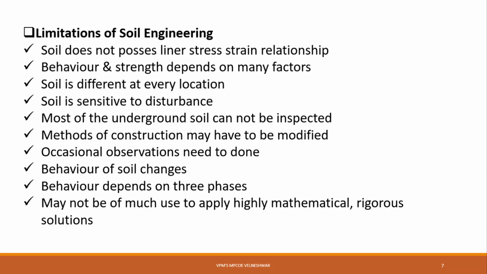Soil considered in most cases is an idealized or hypothetical, that is assumed, type of soil material which may not truly represent the actual soil. So these are hypothetical assumptions for soil, and we cannot say it is an exact science. There are many assumptions, so there are some limitations of soil engineering.